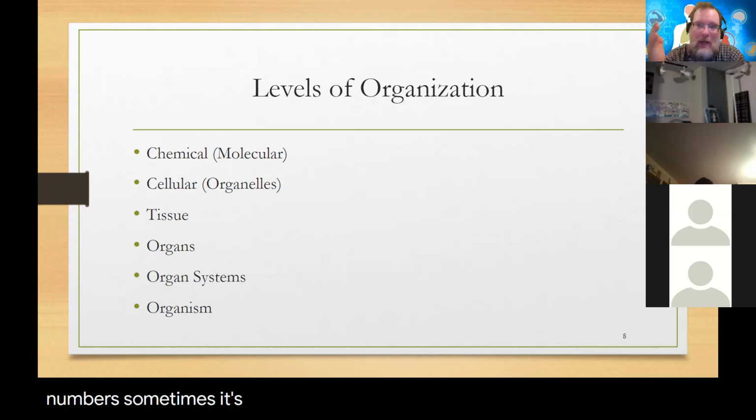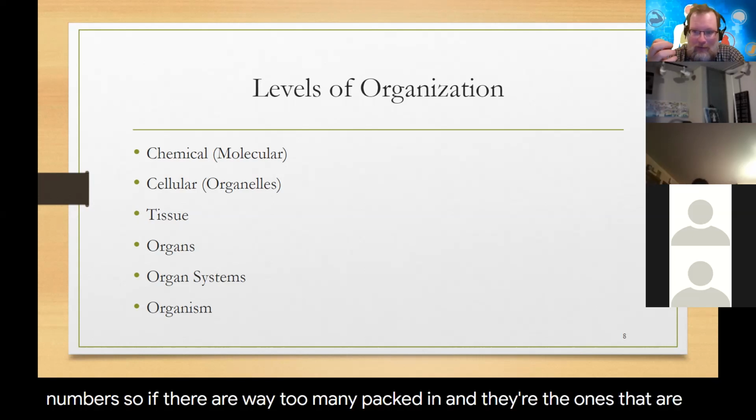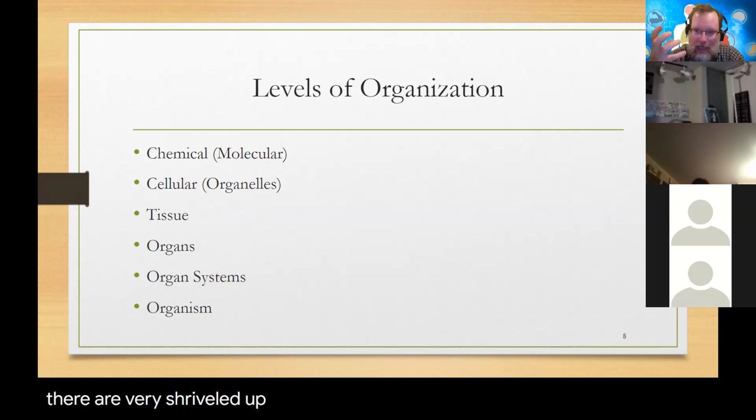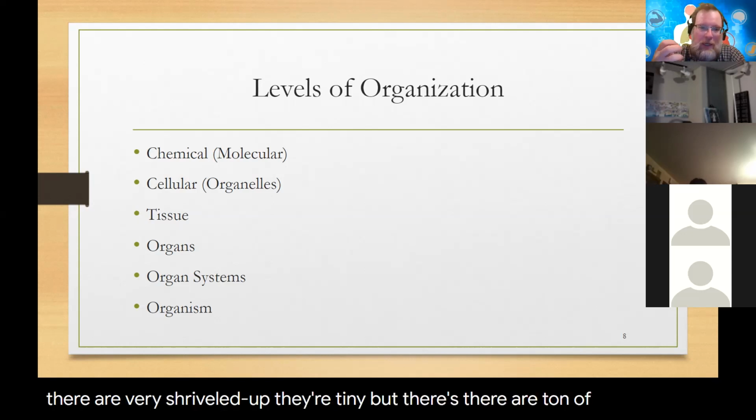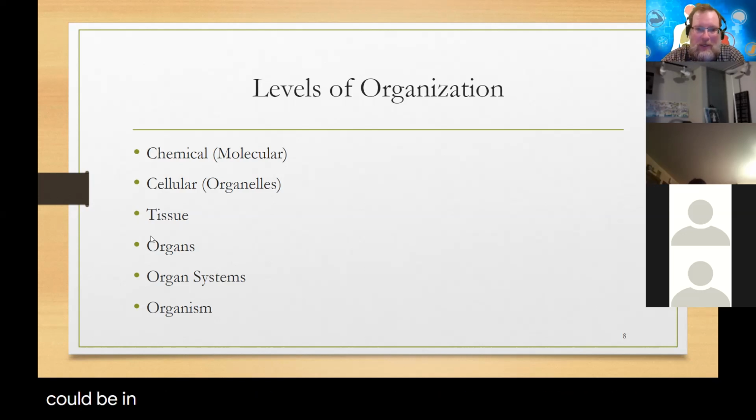We know not only the structures of these cells under normal and abnormal conditions, but we also know the numbers. So if there are way too many packed in, and the ones that are there are very shriveled up, they're tiny, but there are a ton of them, that could be a bad sign.